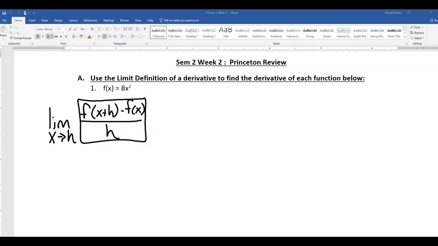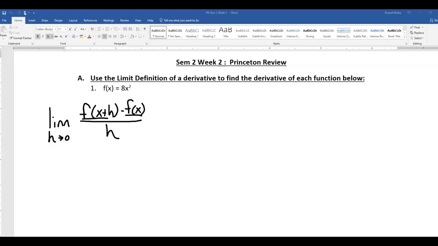It represents the slope formula, or the average rate of change, and as you let x approach h, this point and this point become the same thing, and you ultimately end up with a common answer there. And you know what, I just goofed. That's not right. It's not as x approaches h, it's as h approaches 0.